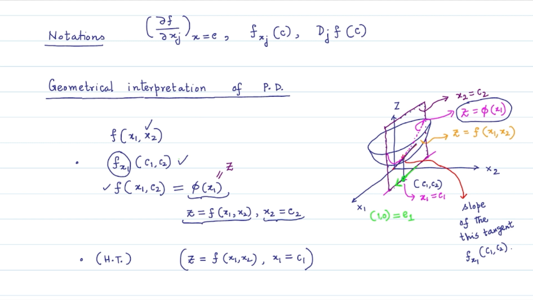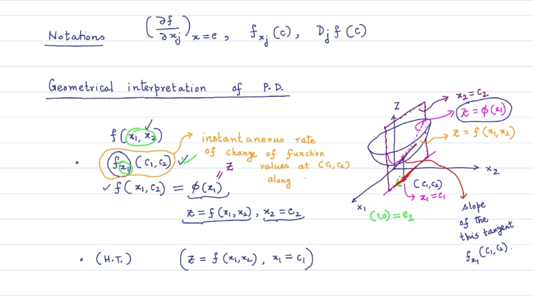So effectively, while calculating the partial derivative of the function f with respect to x1, the movement of the variable values x1, x2 is only along the direction of the x1 axis, and hence this partial derivative effectively finds the instantaneous rate of change of the function values at the point (c1, c2) along the direction of the x1 axis.